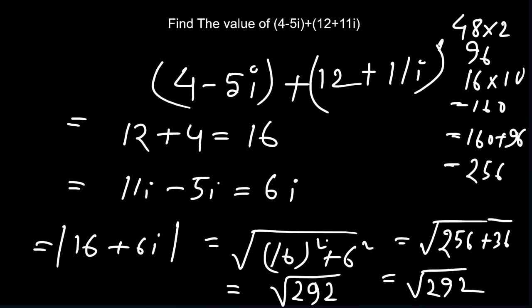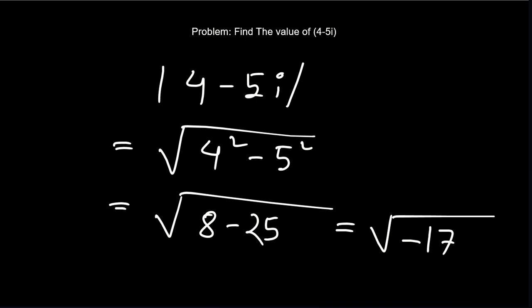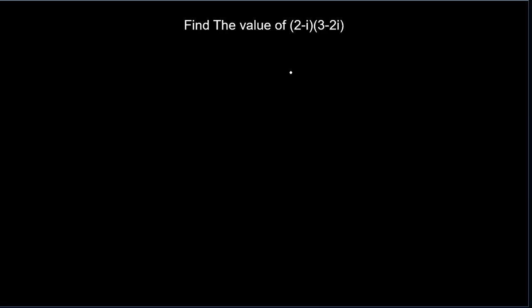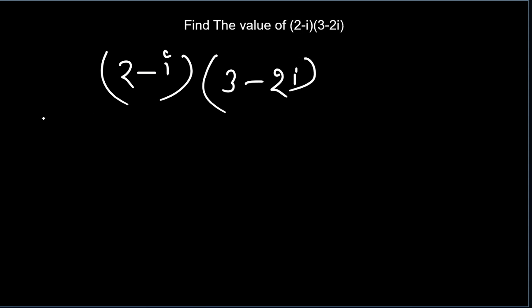This is the answer. So let's start another math. Let's find the value of 2 minus i into 3 minus 2i. We will multiply the two numbers. First the real 3 and the whole number we multiply: 3 times 2 is 6, minus 3i, and minus 2i multiplied with 2 minus i.